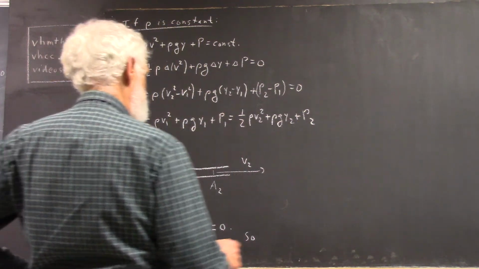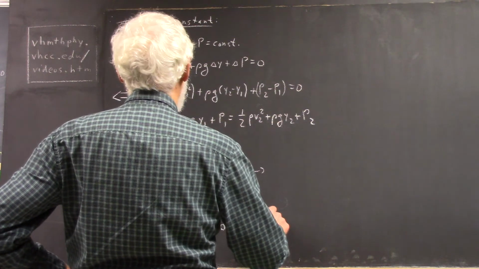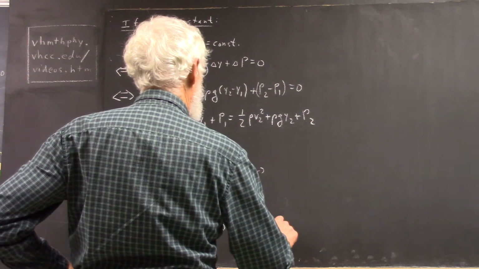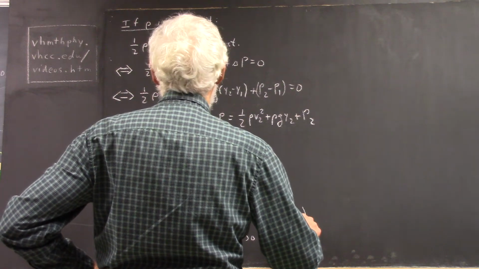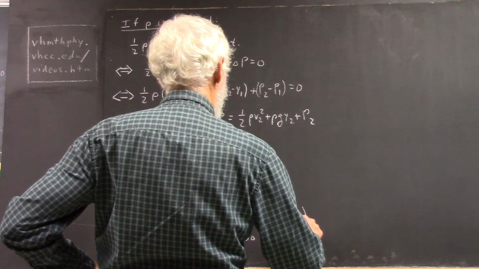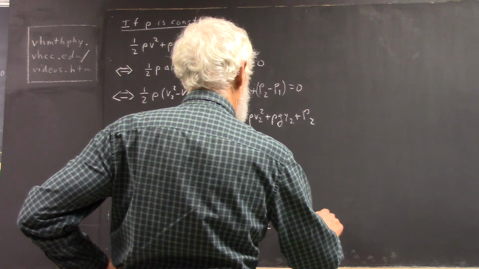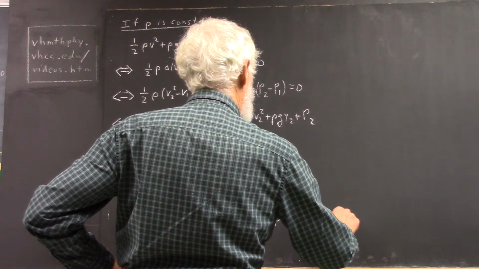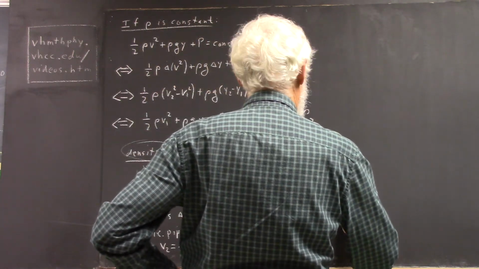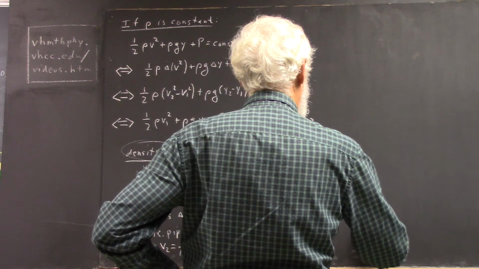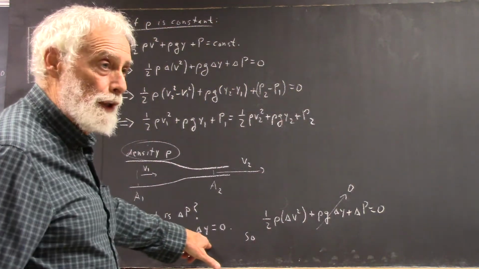So, first of all, since the pipe's delta y is 0, you're going to have 1/2 rho times the change in V squared plus rho g times the change in y, plus delta P equals 0, but the rho g delta y is 0 since delta y is 0, right?